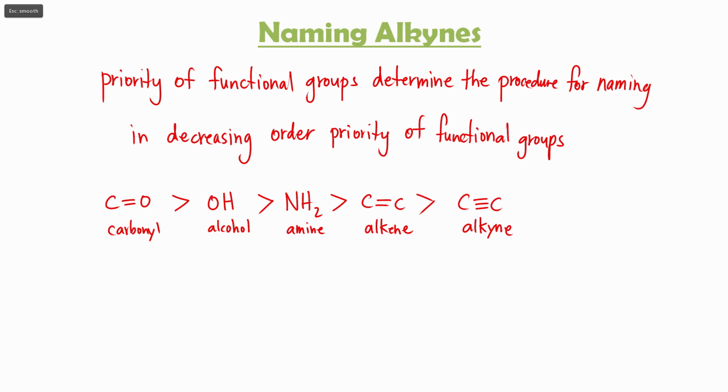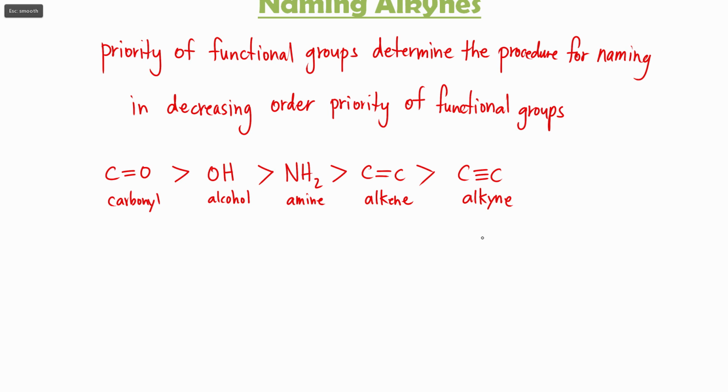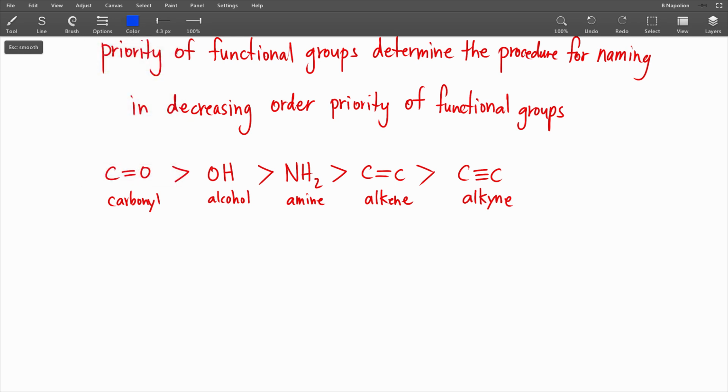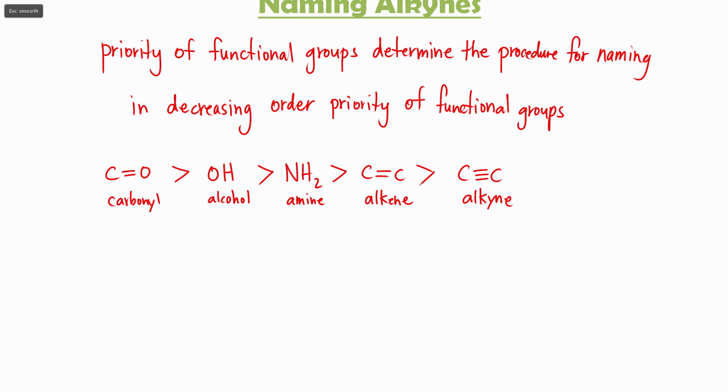All right, so we haven't talked about exactly how to name them, but you have an idea with the word "ine." Okay, so a straight chain of carbons would have alkane. That's just carbon single bonds.